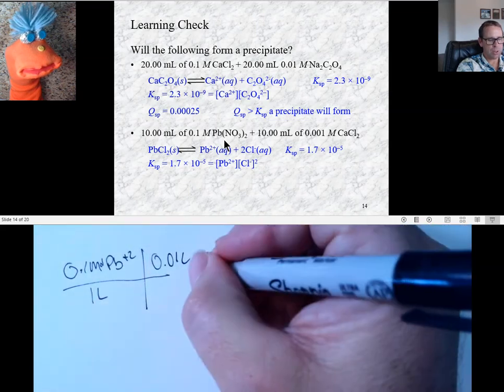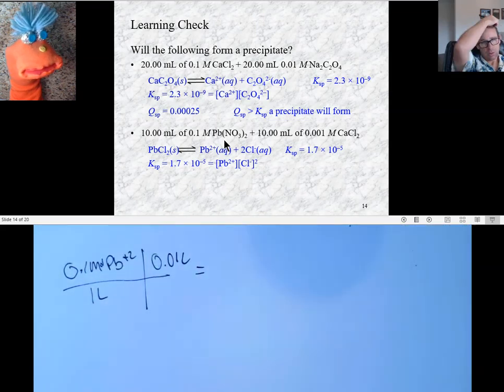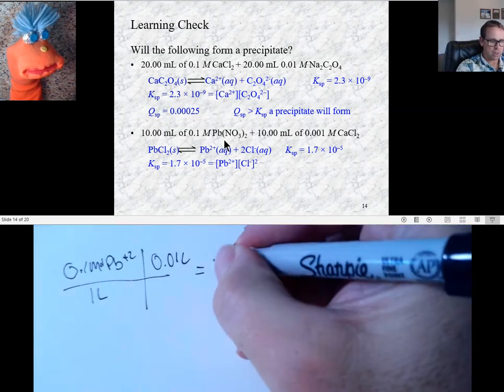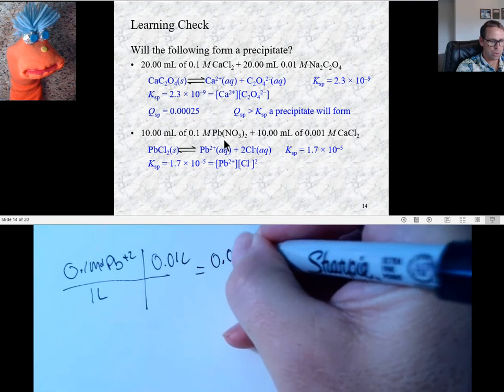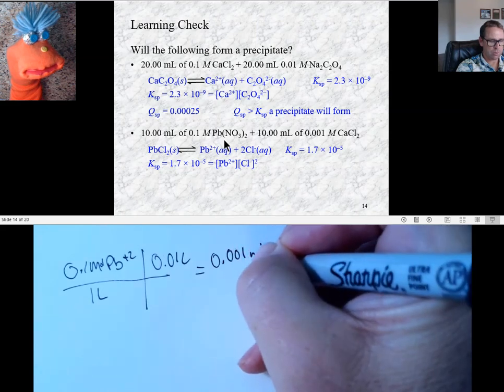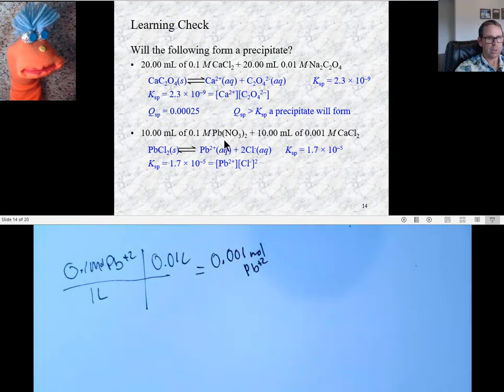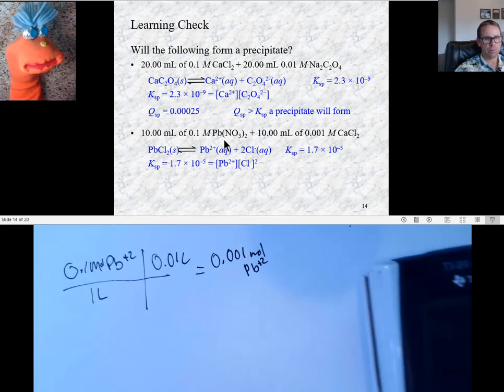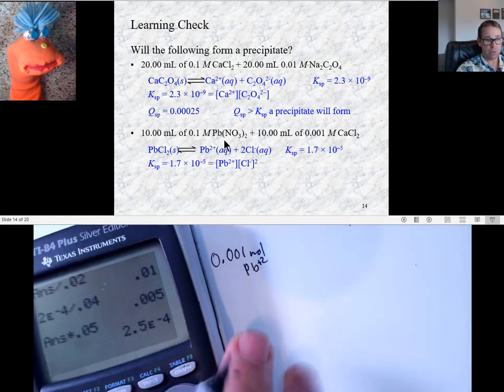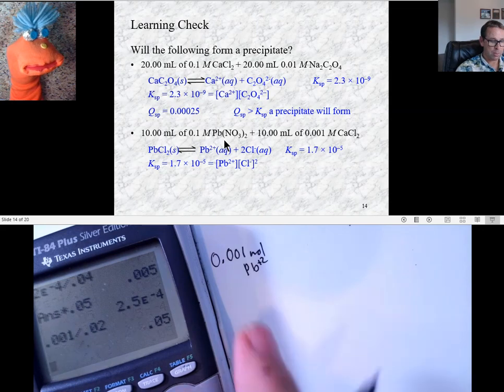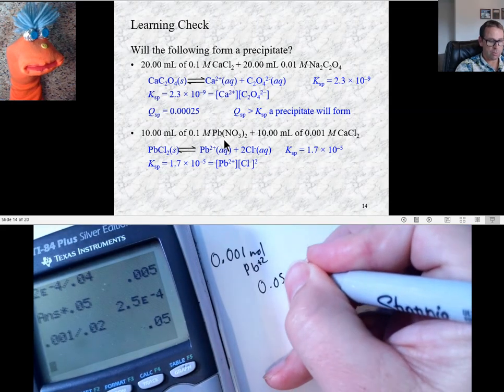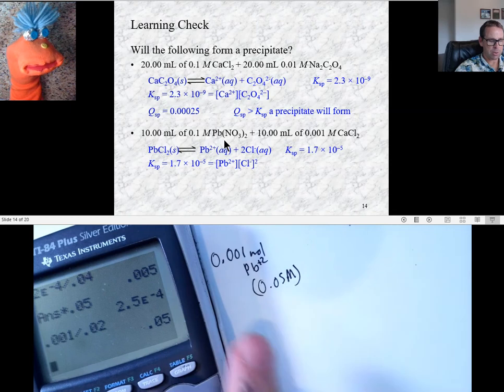So 0.1 times 0.01 will tell me how many moles of lead ion I have. So that is 0.001 moles of lead ion. And then to find the molarity, you have to divide that by 0.02, right? Because that's the total volume that results. So 0.001 divided by 0.02, and 0.05 molar is my resulting concentration.